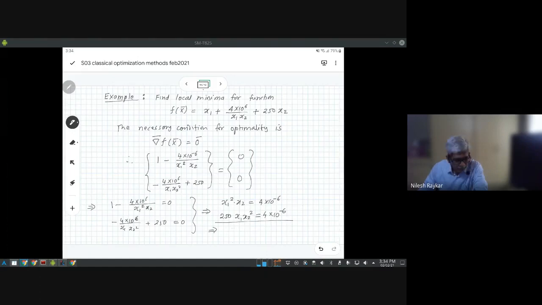Just by subtracting these two equations, you will get x1 square x2 minus 250 x1 x2 square equal to 0. So this implies x1 x2 times (x1 minus 250 x2) equal to 0.